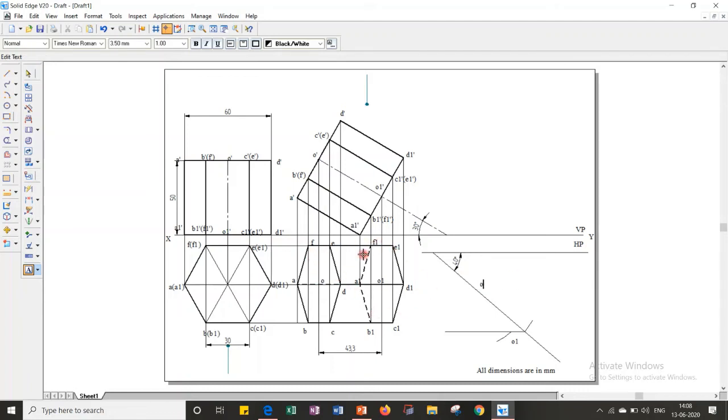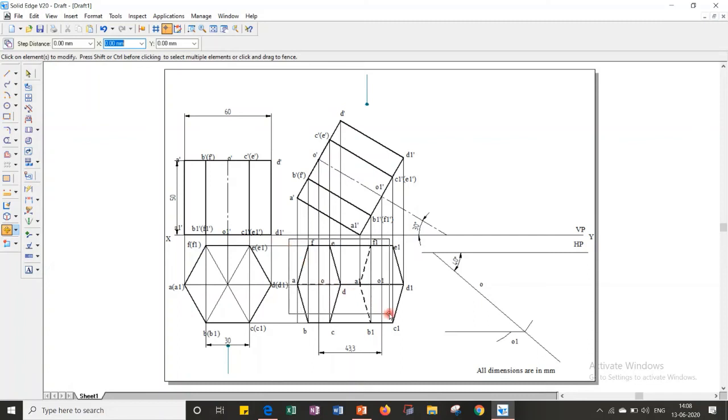Now we have to copy this entire diagram from the second step to the third step. While drawing in a graph sheet manually, you have to locate each and every point, then copy the same diagram. In the computer, you can use the copy paste option. You can use the move option to copy this diagram. First, select the entire object.